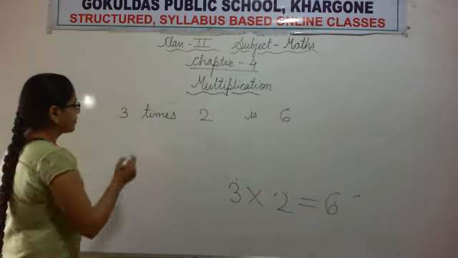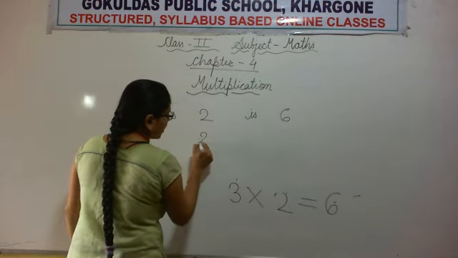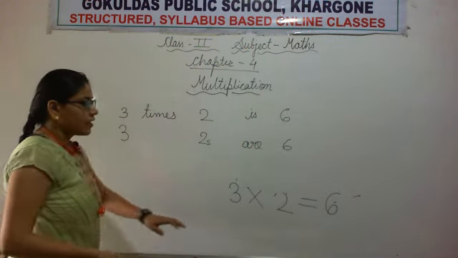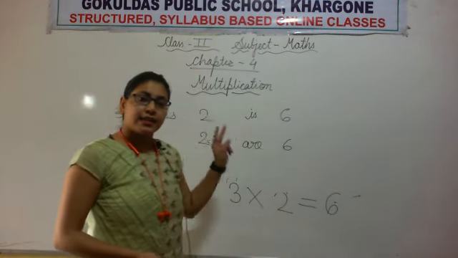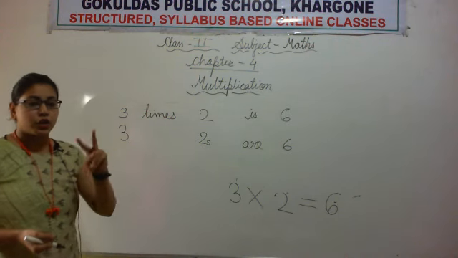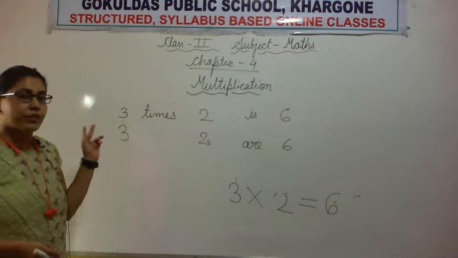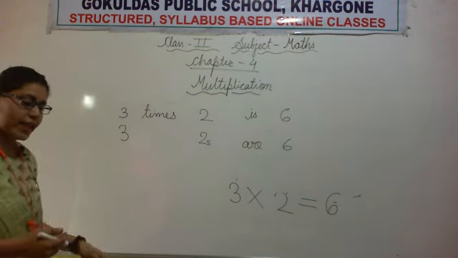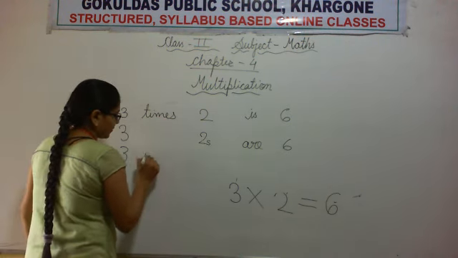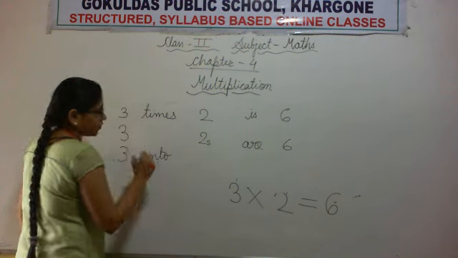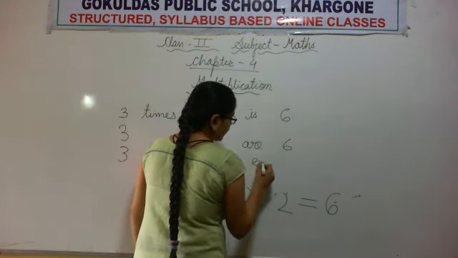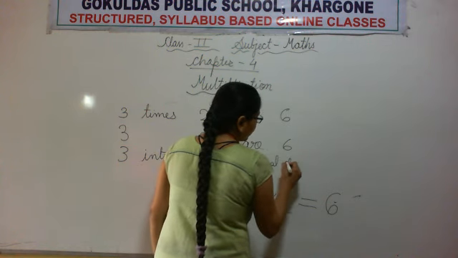Now, 3 2's are 6. See, 3 times 2 birds were there, so 3 2's are 6. And one more way is there: 3 into 2 is equal to 6.